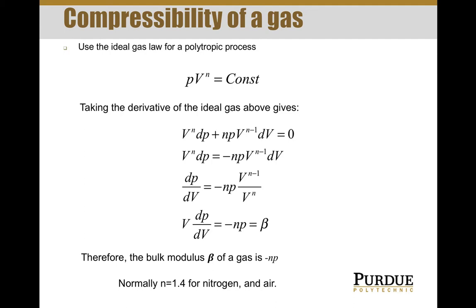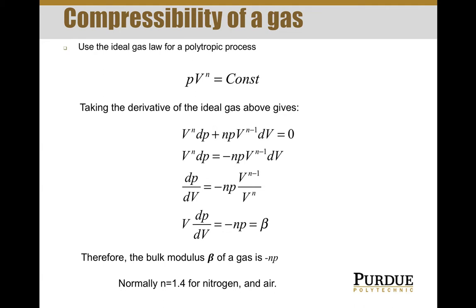Now, the type of process is signified by the n exponent. So when you use an adiabatic process, then n is equal to 1.4, which is typically used for nitrogen or for compressed air systems.